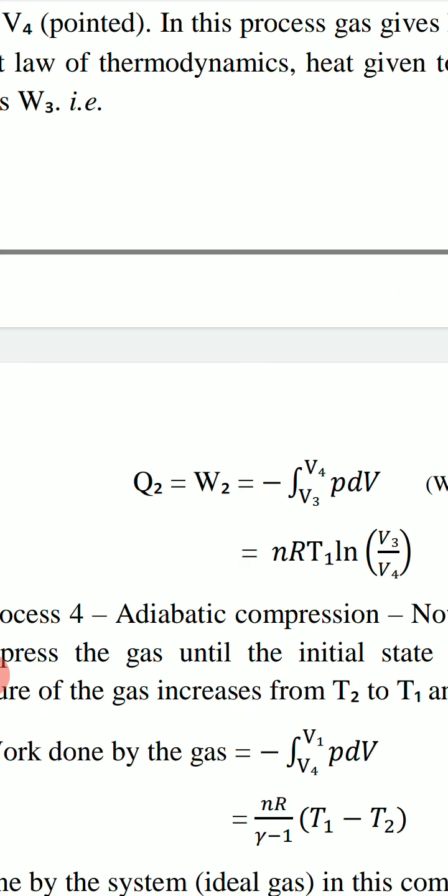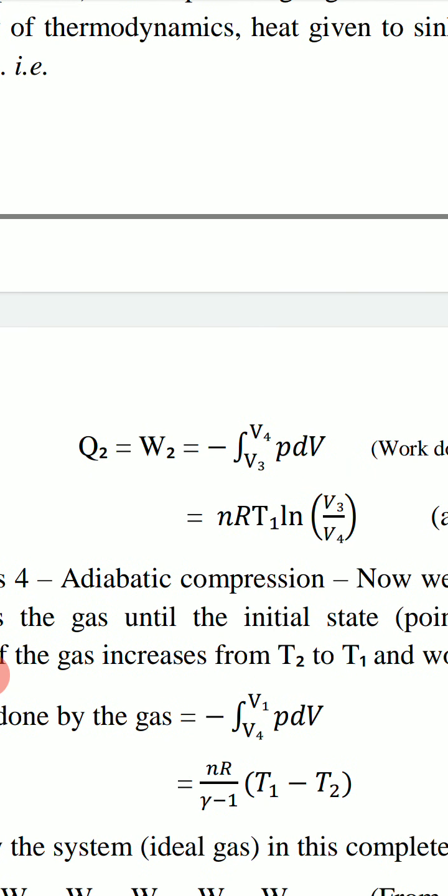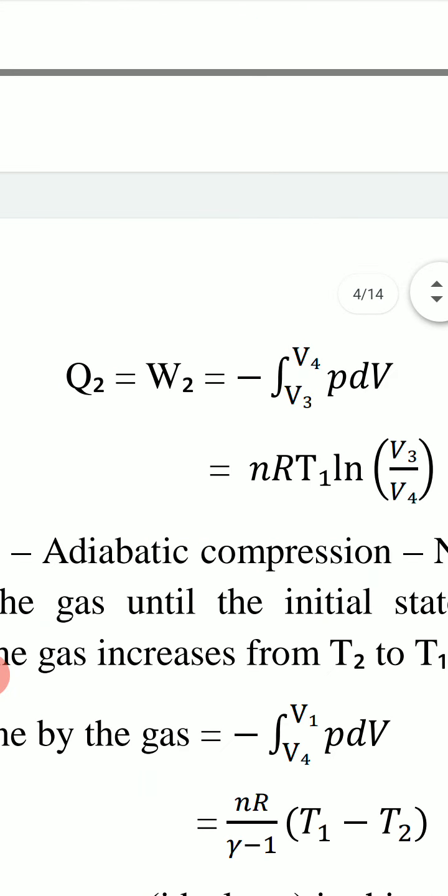So in the third process, the work done is W3. We must correct it here: in place of W2 we must write W3, and this work done we write as minus integral PdV. The minus sign is introduced because now we are writing W3, which is work done on the system, not work done by the system.